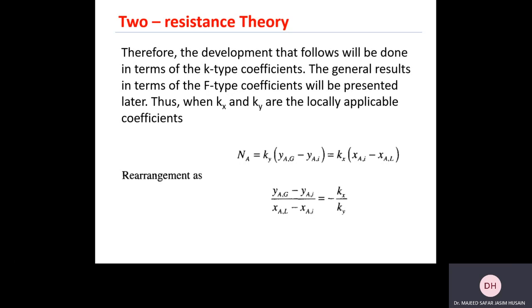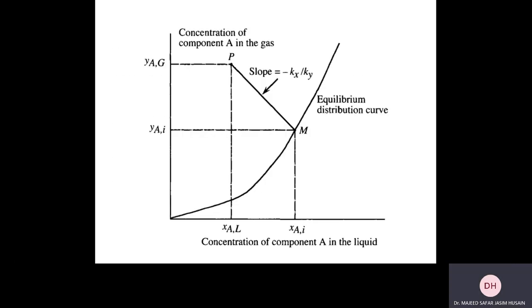If you rearrange it, basically, minus kx over ky is equal to YAG minus YAI divided by XAL minus XAI. If we go back, basically, this is the slope. You can see it is minus kx divided by ky. So that's the slope of the line in the diagram which was shown to you.